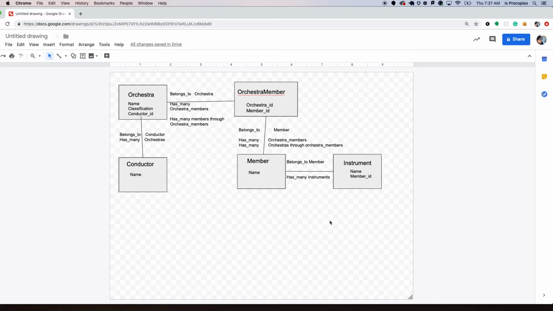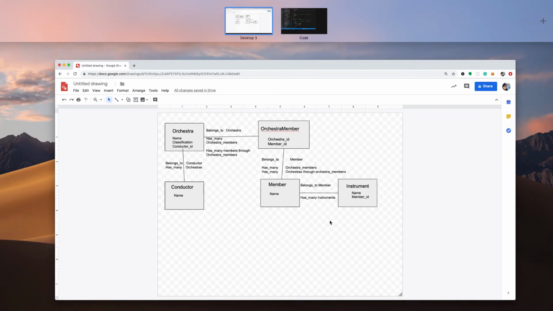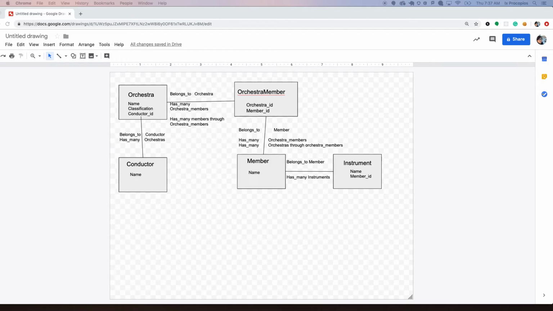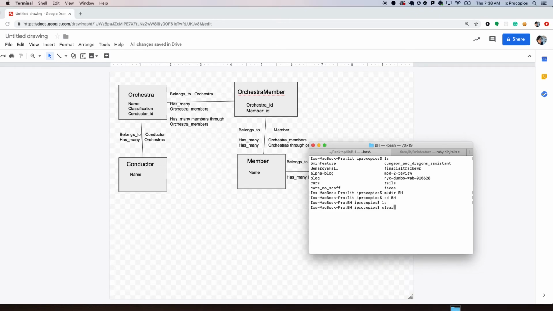So, that being said, let's go ahead and run Rails new. I have a brand new directory, and we are going to run Rails new, and what are we going to call this?